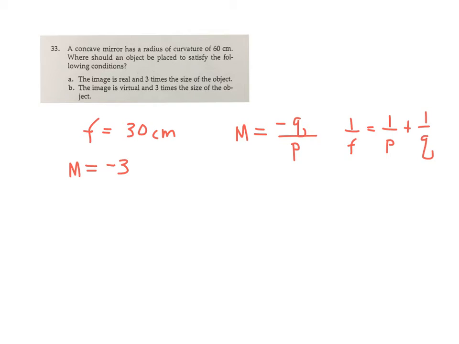So we use the algebra here like this, plug in the negative 3 for M. So we have negative 3 equals negative Q over P. Or in other words, simplifying this a little bit, Q equals 3P.